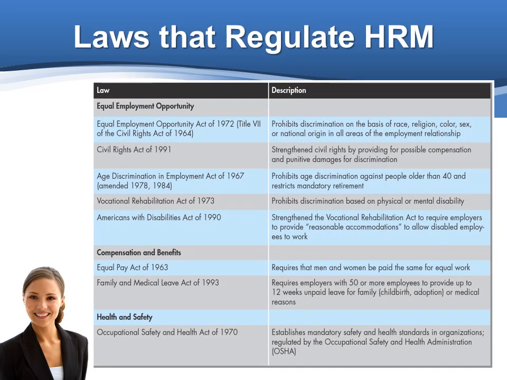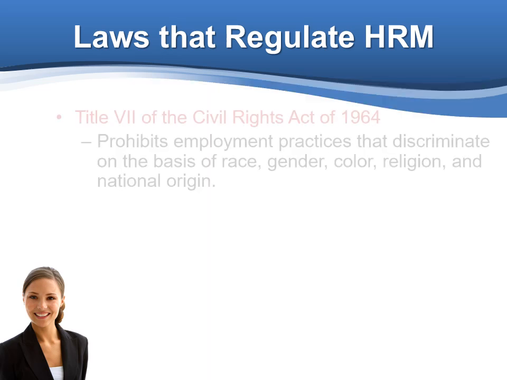The laws that regulate the HR process: Equal Employment Opportunity, the Civil Rights Act, Americans with Disabilities Act, Equal Pay Act, and Occupational Safety and Health Act, just to name a few. So to be in HR, you have to be very familiar with all of these rules that regulate your business organization.